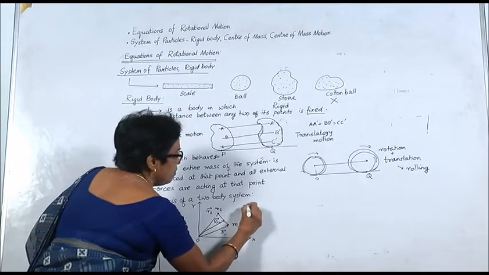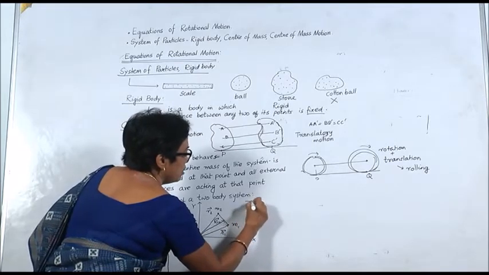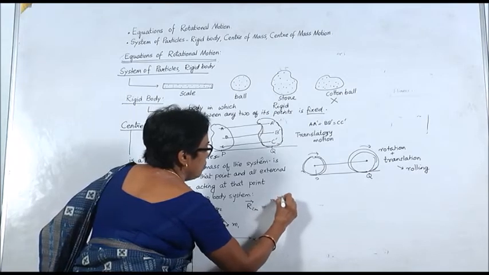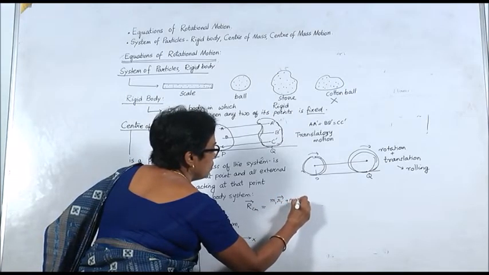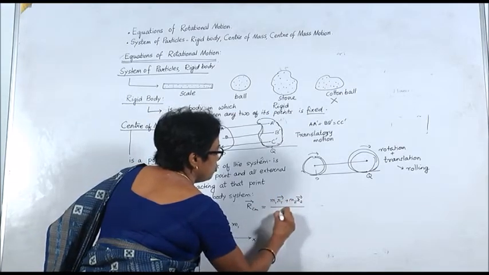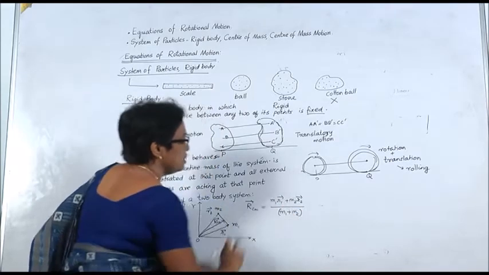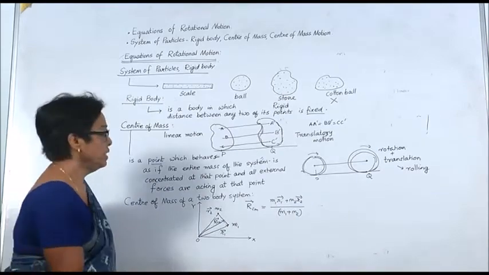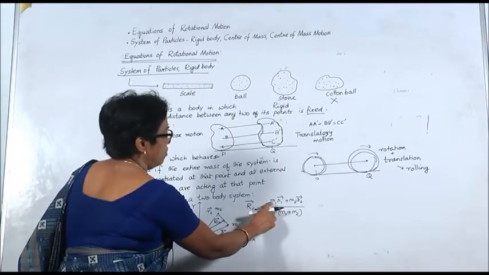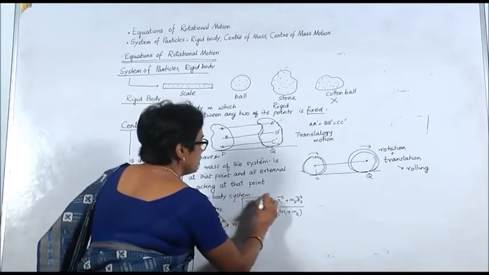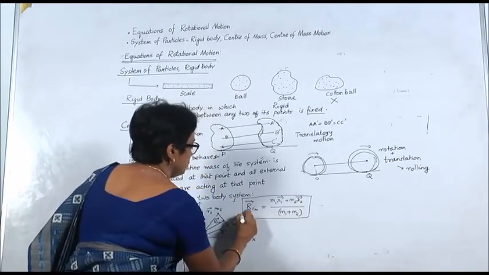By definition, RCM is m1 r1 plus m2 r2 divided by m1 plus m2. This is the total mass of the system. This is the position vector of m1, this is the position vector of m2. So, this is the definition of the center of mass for a 2 body system.